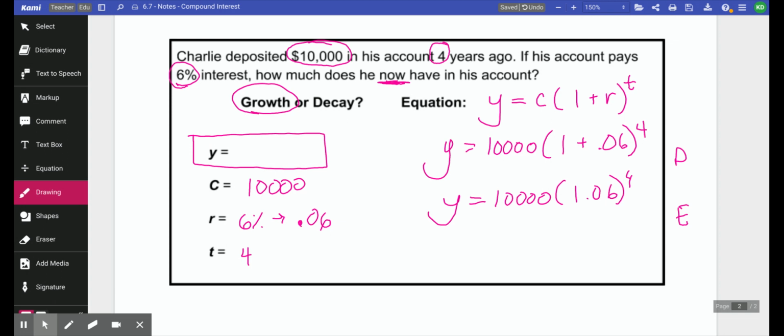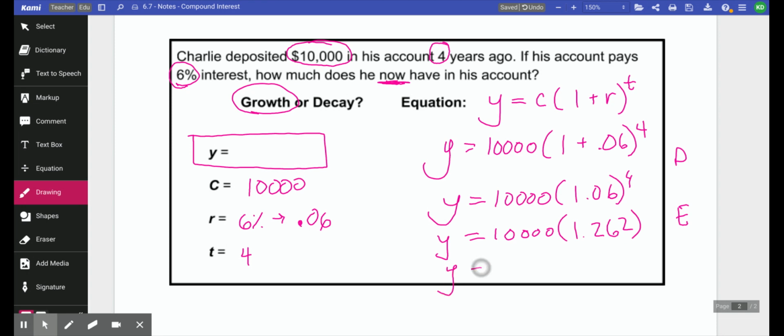So this is where I'm going to need my calculator. Take yours out if you have one. 1.06 to the power of 4. So this should give me a slightly bigger number. I get 1.262. All right, so let's do 1.262. And then I'm just filling in the rest of my equation. Times 10,000. So I'm just going to leave that in my calculator and do times 10,000.